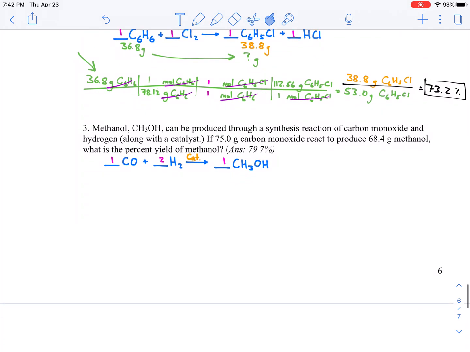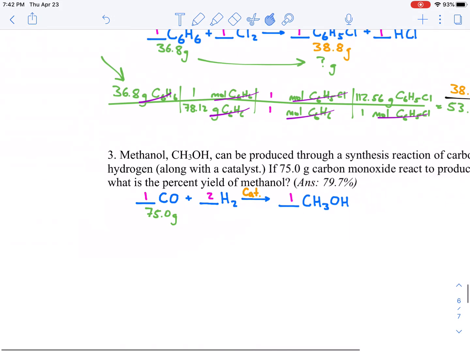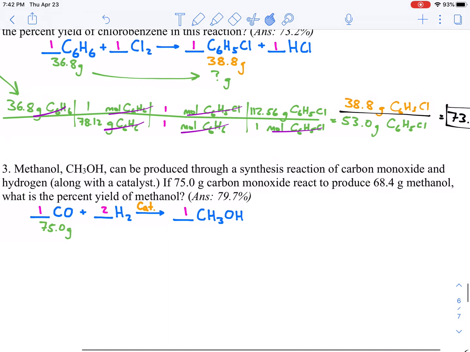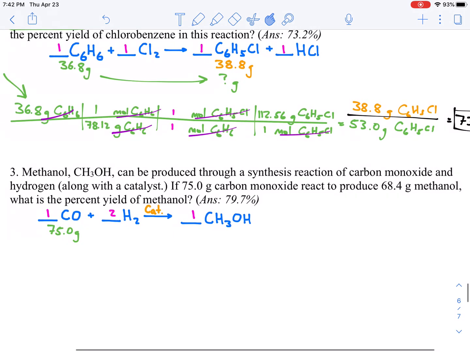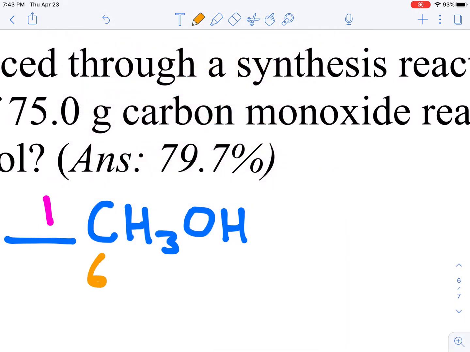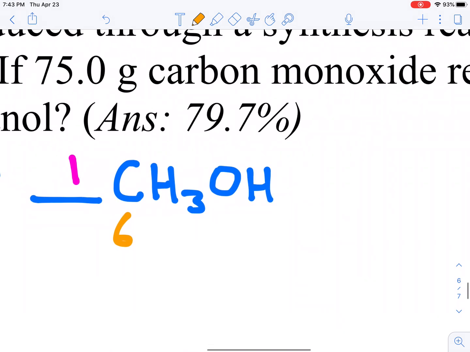Let's look at number 3. So in number 3, we have 75.0 grams of carbon monoxide. There's only one product, so we know we're going to have to convert to that product, and it says that the actual yield that we're going to make is 68.4 grams of methanol.